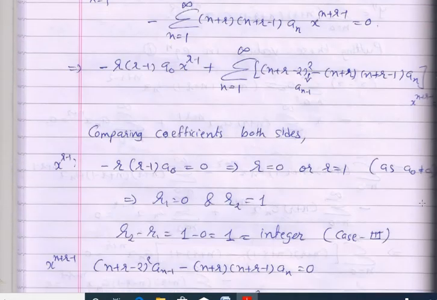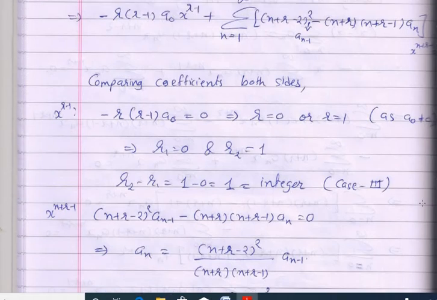Now compare the coefficients. So for x raised to r minus 1, this coefficient is equal to 0, that will give r is equal to 0 and r is equal to 1. So the smaller one is r1, the greater one is r2, and r2 minus r1 is 1, and that is an integer.